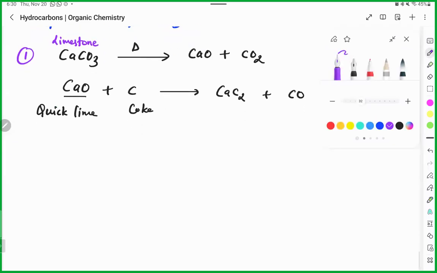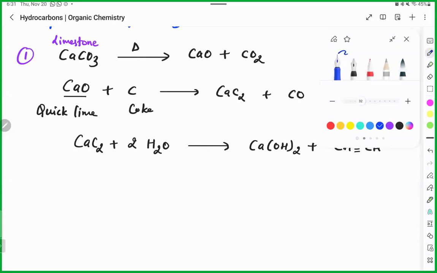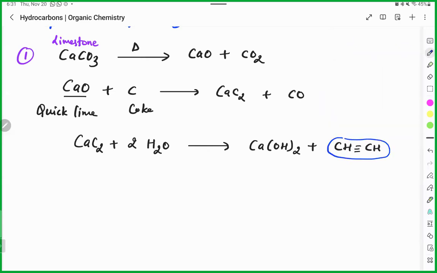Now this calcium carbide, when it reacts with 2H2O, what should be the product, Anvita? Remember, in this you can prepare only acetylene, nothing else. Okay, only acetylene you can produce by this process. Why? Because in carbide you will have only two carbon.